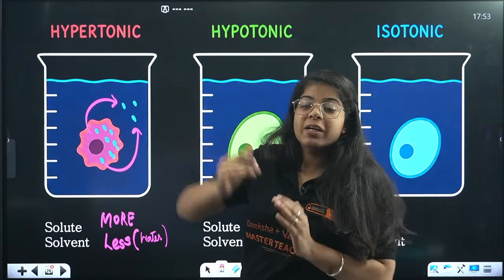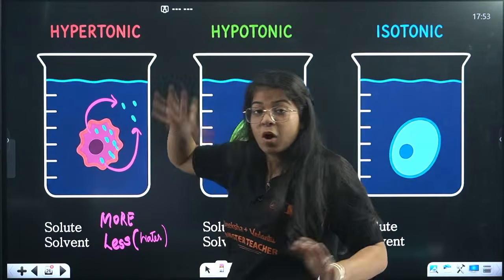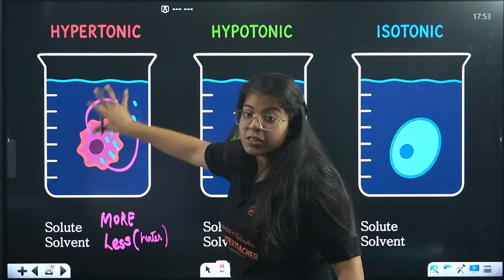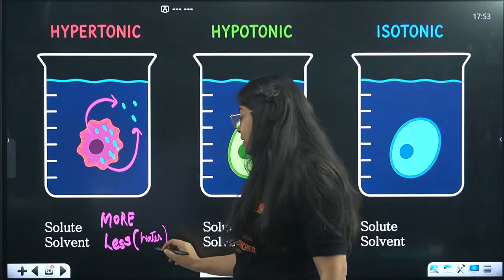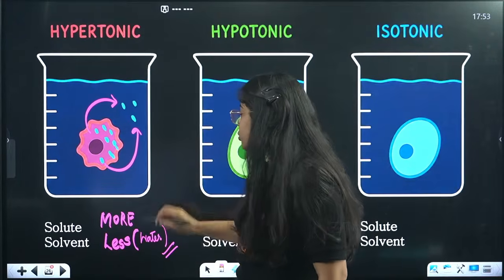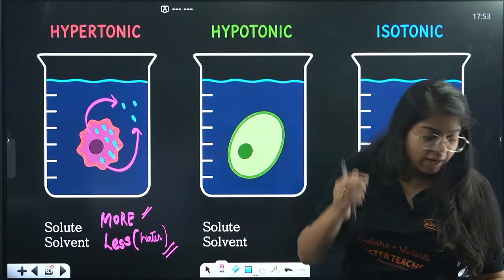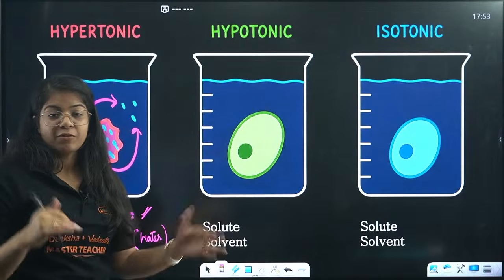So before the shrinking, the water was too much inside the cell and so little outside the cell. Now water is a solvent, so it is less in hypertonic solution and solute is more. Understood, everyone? Understood how you move backwards and how you understand it from that trick.